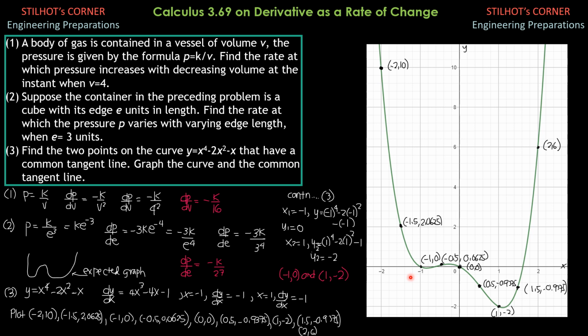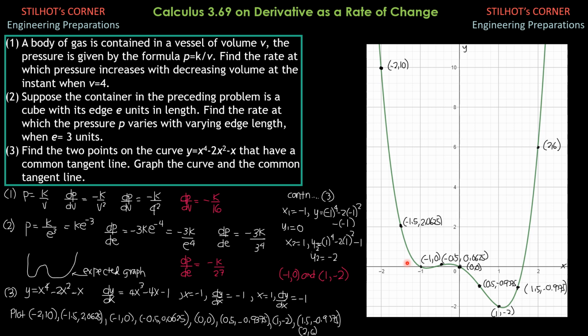Now, if we find points where the tangent is common, more or less, if we draw the tangent line here, it may appear to have almost parallel or the same tangent as this point. So we have (-1, 0) and (1, -2) as our selected points.